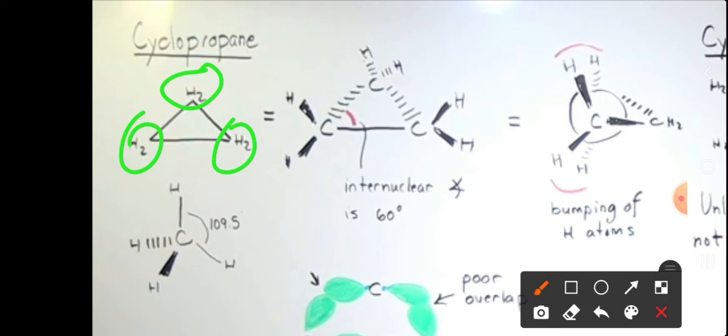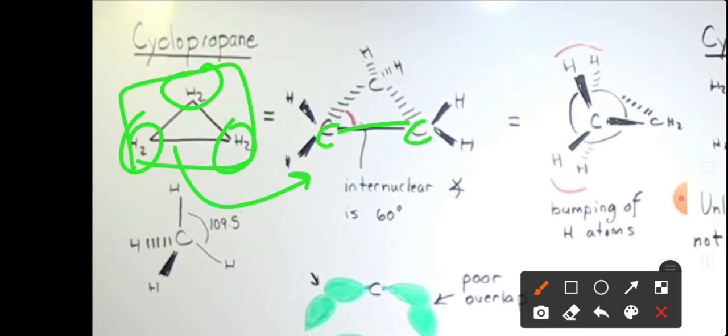So this is the flat zigzag model of cyclopropane, and this is the flying wedge representation of cyclopropane. This is the in-plane representation, with hydrogens below the plane over this carbon and above the plane over this carbon, and above the plane over this carbon also.